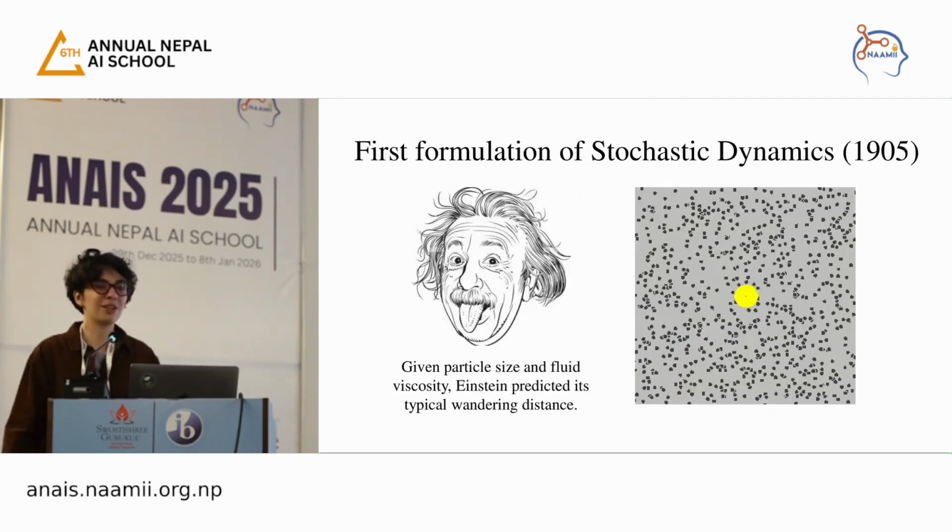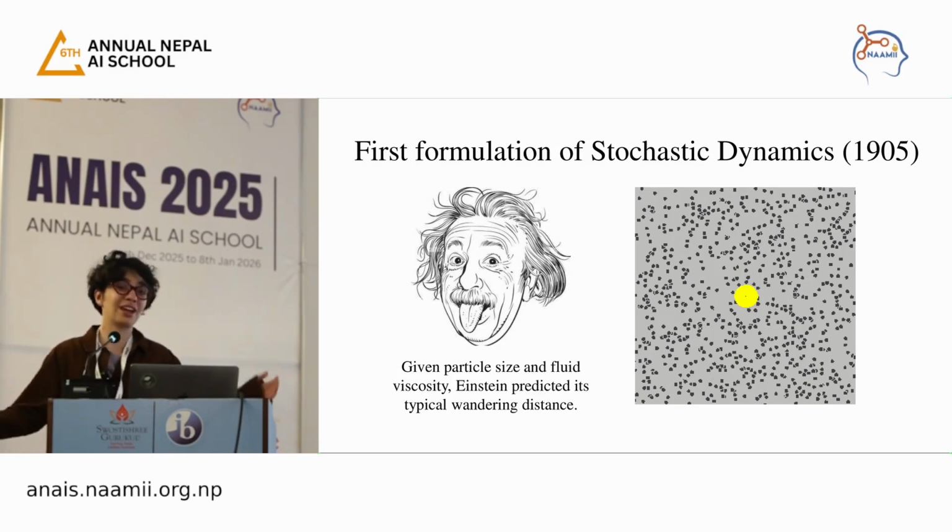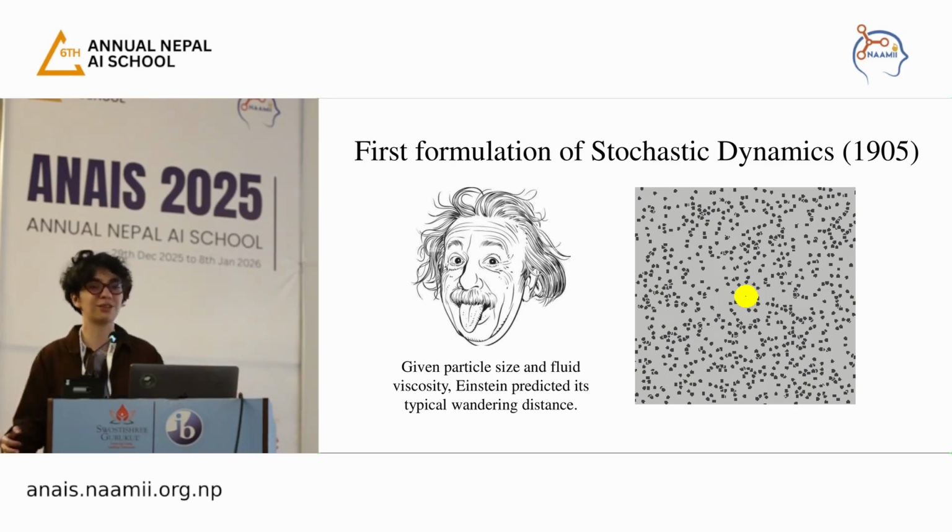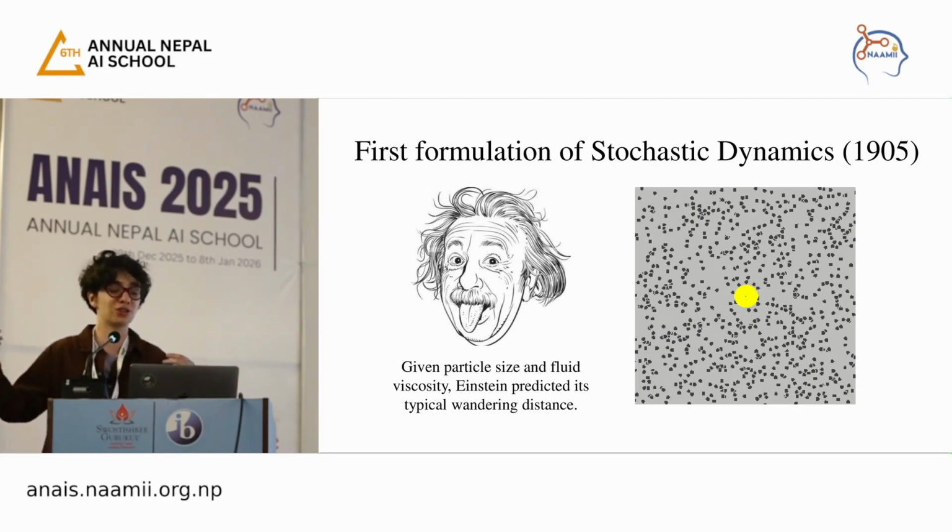But yeah, so basically Einstein for his PhD thesis said, so we have this pollen particle and it's hit from various directions by water molecules and I can predict how far it will get and the distribution of how far it can get is actually a Gaussian.